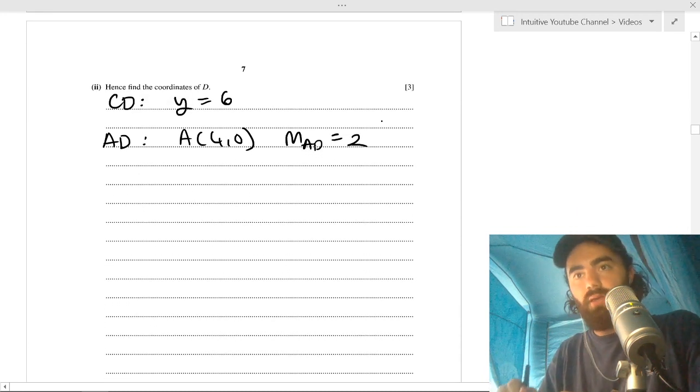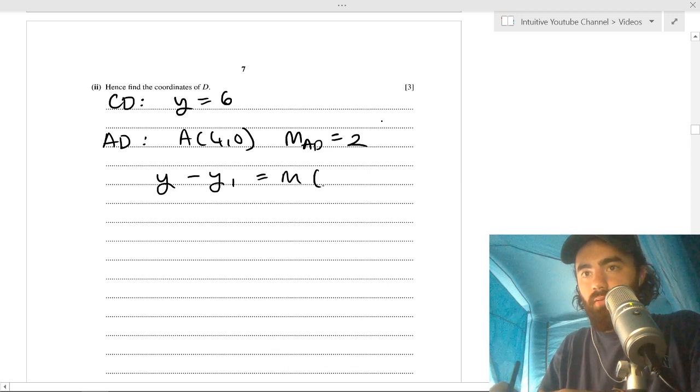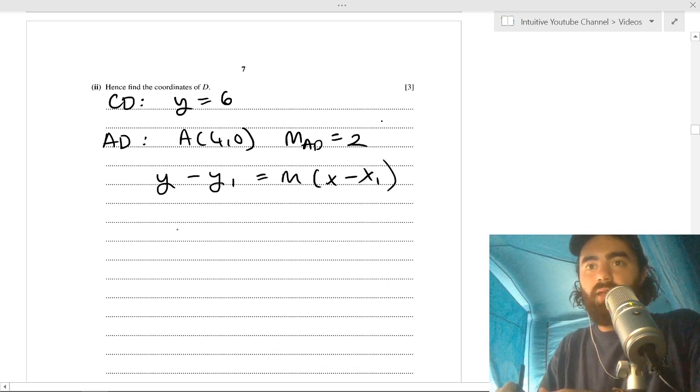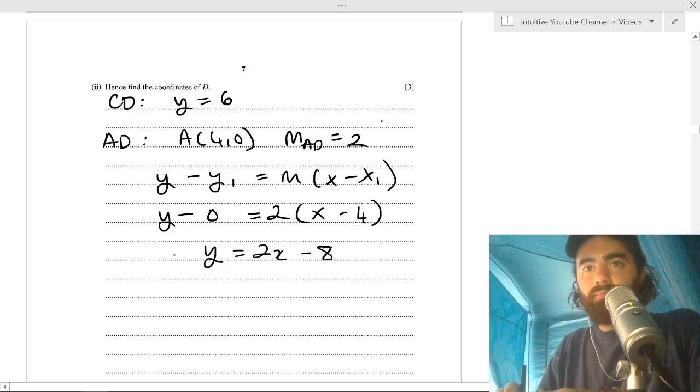So we can use this equation again to find the equation of AD. We get y minus 0 equals 2 times x minus 4, so y equals 2x minus 8.